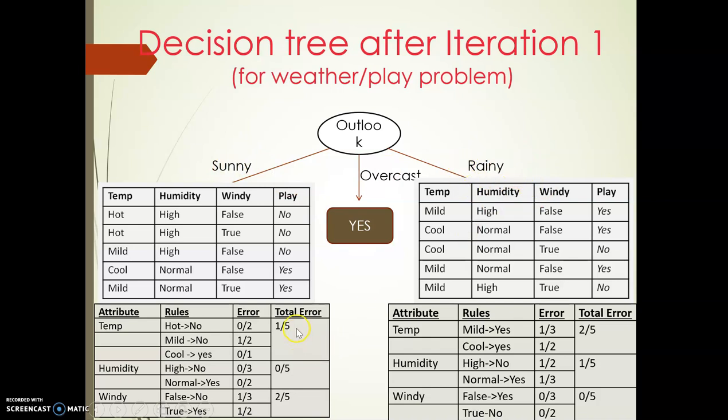So if you observe under the sunny, the minimum total error is for humidity with a zero error. So you can take humidity as the attribute under sunny. And here also observe the minimum error value, which is windy with a zero error, that can be considered as the immediate leaf node under the rainy attribute.